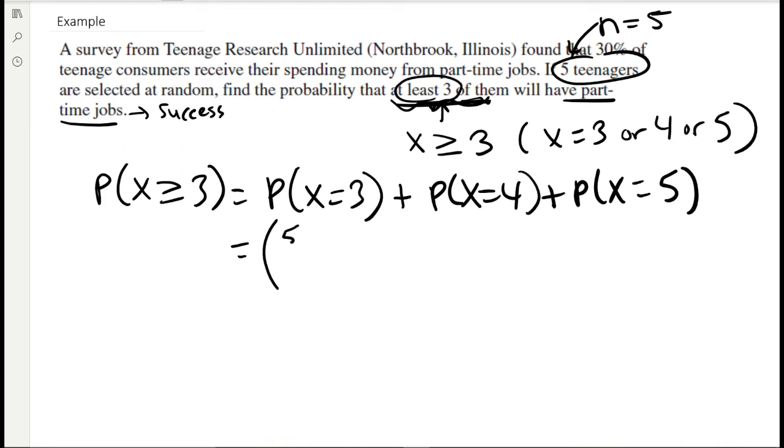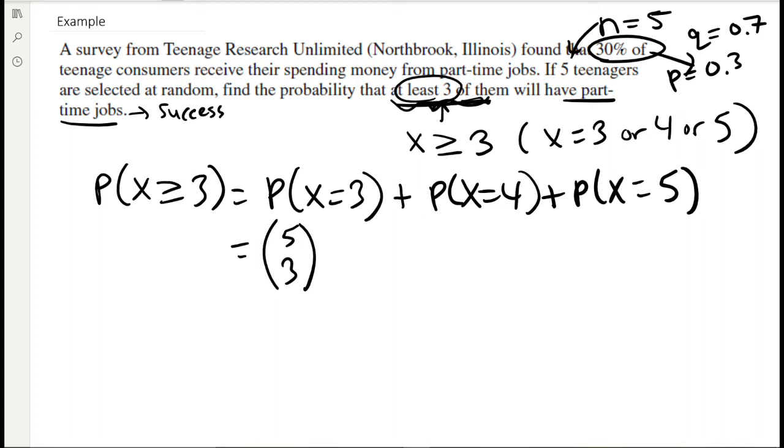We have 5 choose 3. Now the probability of success is 30%. Right here it says there's 30%. So that's going to be p is 0.3, which means that q is 0.7. Remember, they have to add up to 1. So we have 0.3 raised to the, how many successes do we have? We have 3 successes times 0.7 raised to the, how many failures?